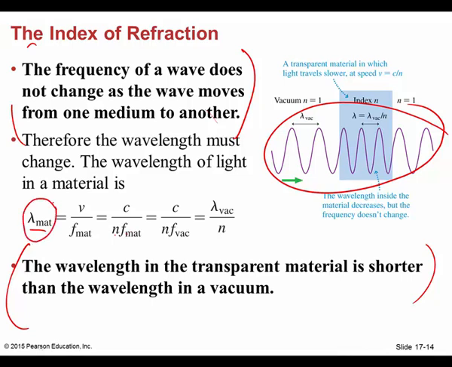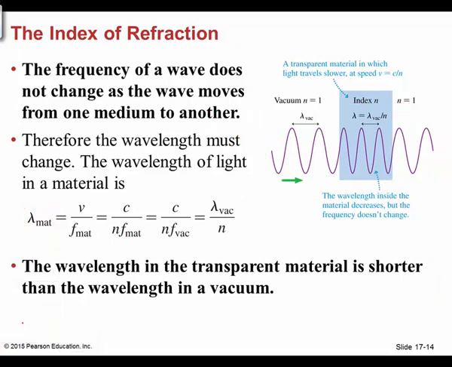If you want to know what the wavelength in the material will be, we take what the wavelength is in a vacuum and divide it by the index of refraction of the material. That is how you come to that equation. And so, yes, you can actually determine the wavelength of a particular color of light in a material.